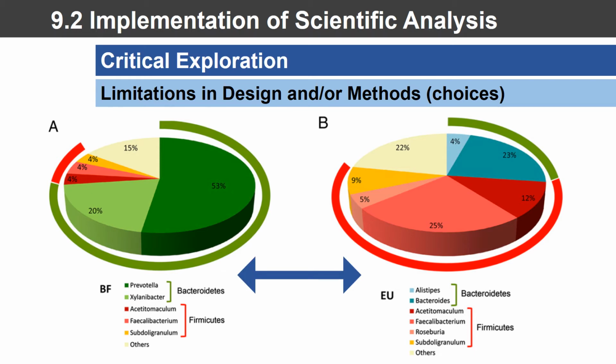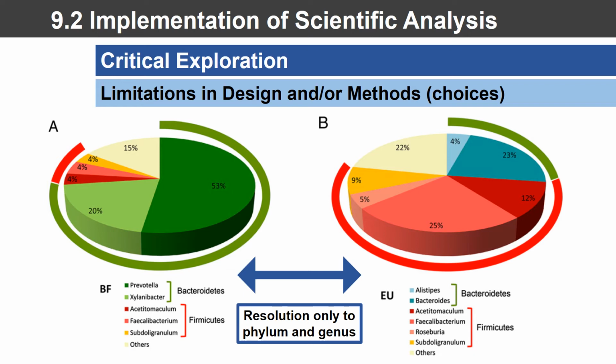And I'm going to indicate to you by showing this doubled arrow line that our resolution of sequencing only gets us to the phylum and genus levels here for the bacteria of interest. And so we don't actually get to species. I don't see anything beyond Prevotella, for example, as the genus, or Bacteroides or Roseburia. These are some of the example genera. The phylum level is the Bacteroidetes and the Firmicutes. So we can't see anything more in depth.